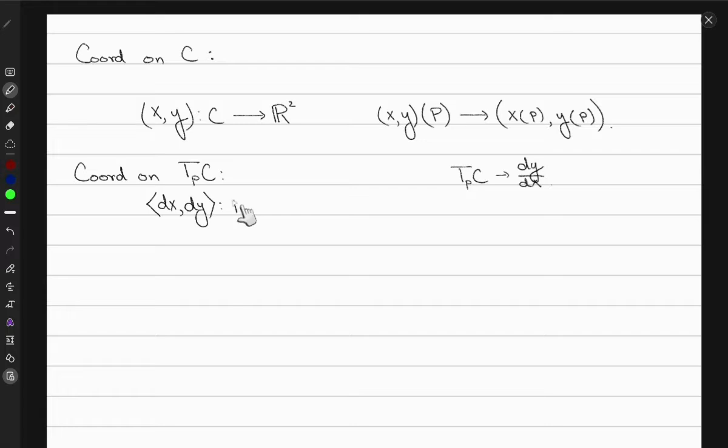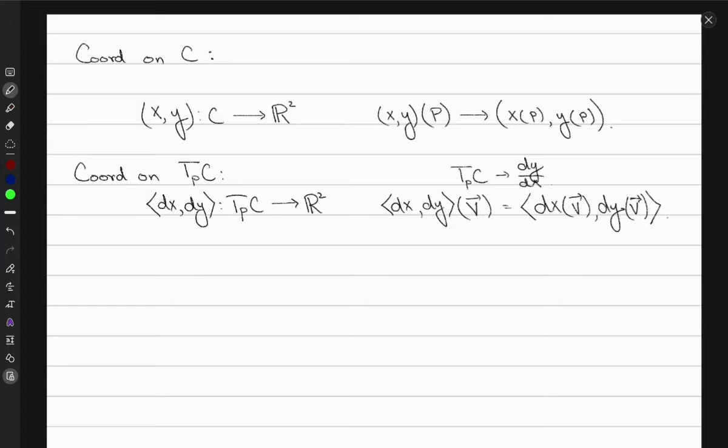This is defined on the tangent space Tp of C and also goes to the real space of 2 dimensions, so that dx dy on the vector v is defined as the coordinate dx on vector v comma the coordinate dy, again on vector v. So this is your coordinate system.